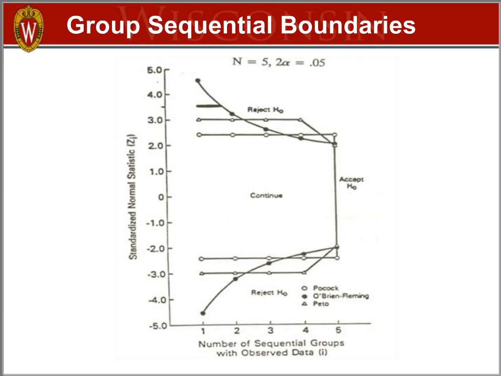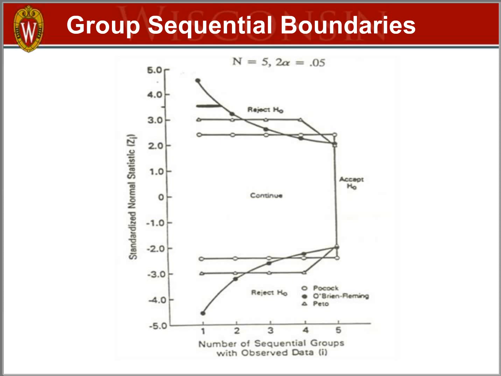I'll talk a little bit later about the benefits of that, but in general, this boundary reflects how monitoring committees think. Early on, they want to be very careful. The criteria is very conservative. As the trial continues, they gain confidence, they get more data, the criteria relax. At the end of the trial, the critical value for deciding success or not success is just about the same as if you didn't have any monitoring process at all.